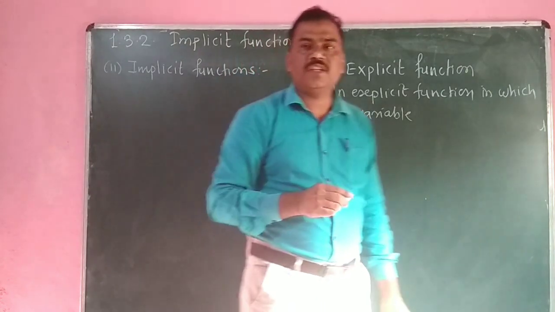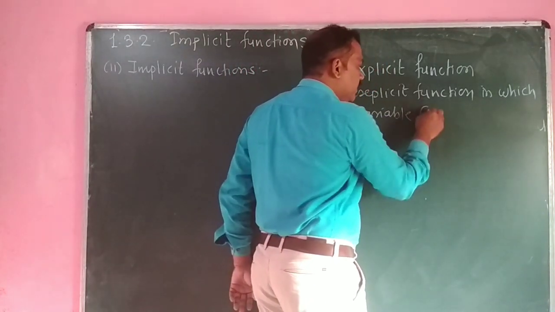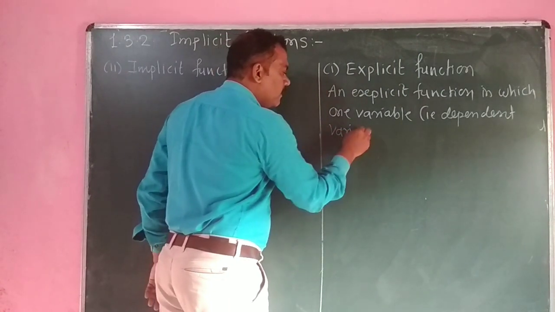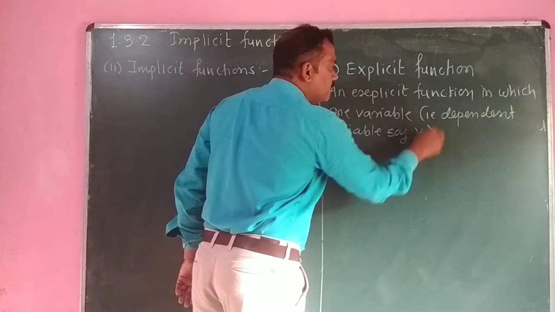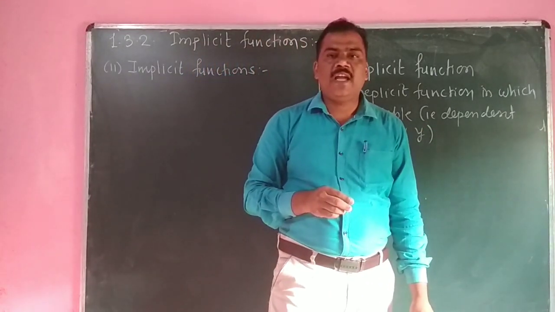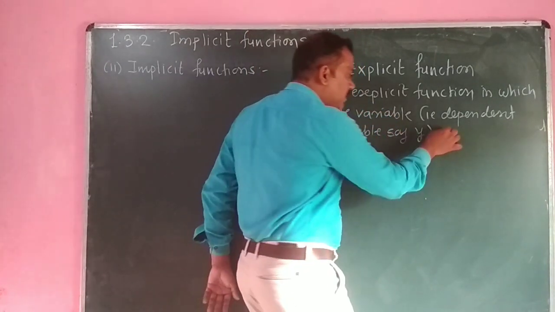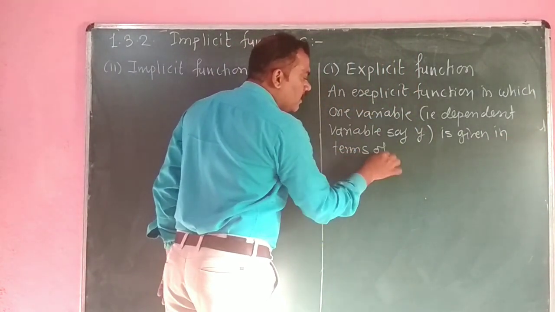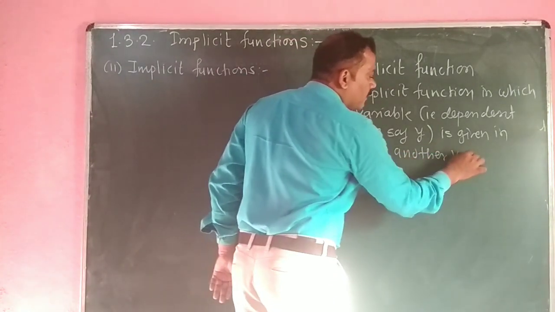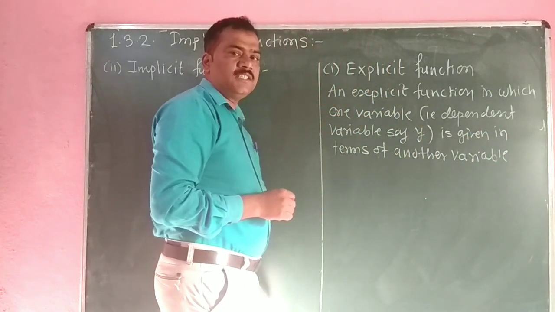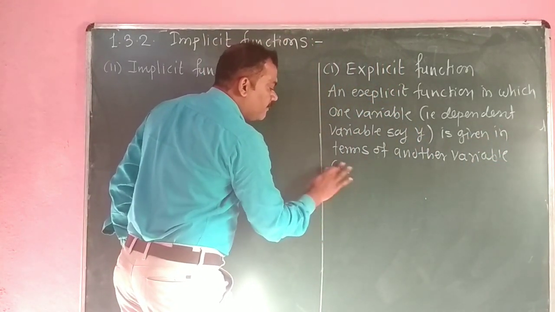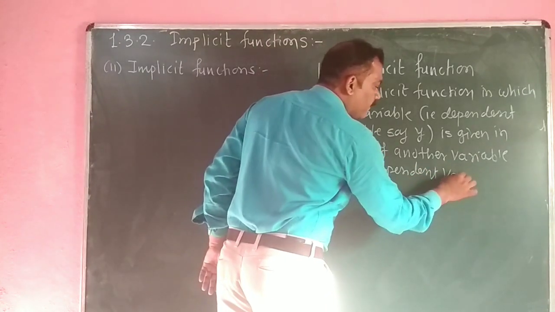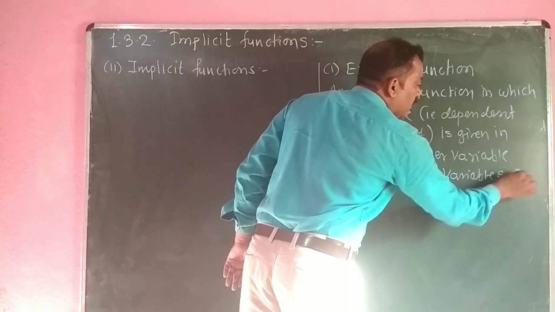An explicit function is one in which one variable, the dependent variable say y, is given in terms of another variable, and that other variable is nothing but the independent variable, say x.